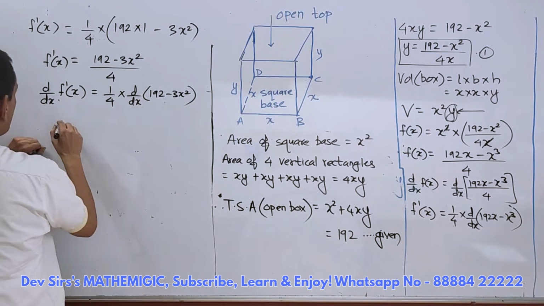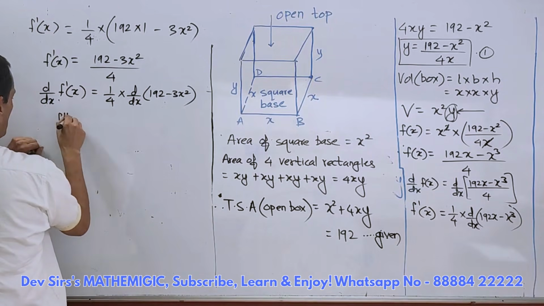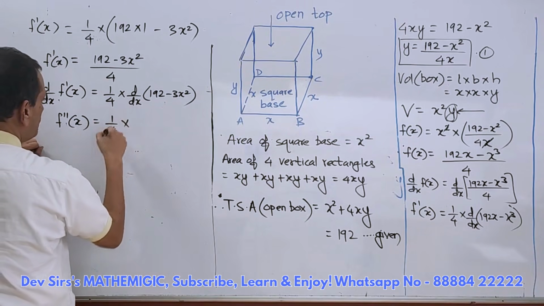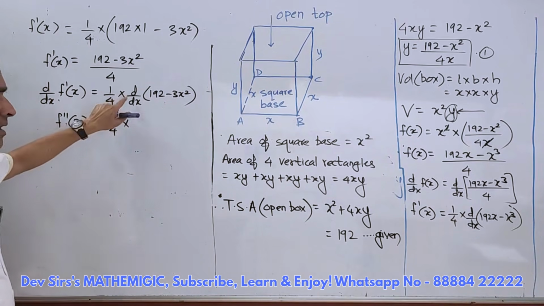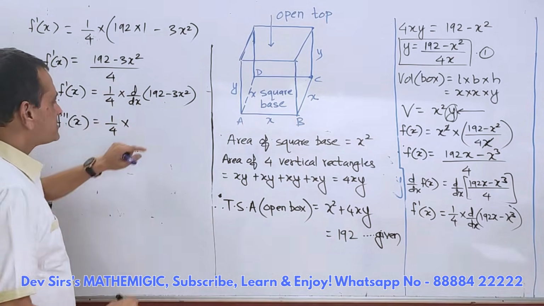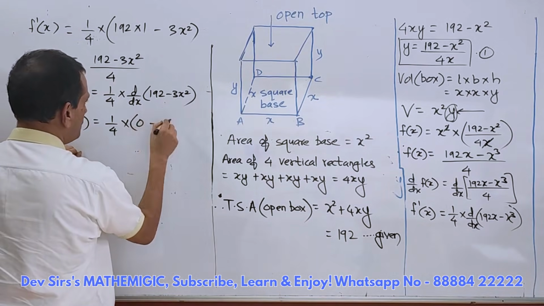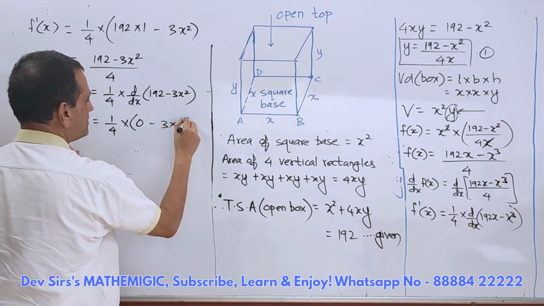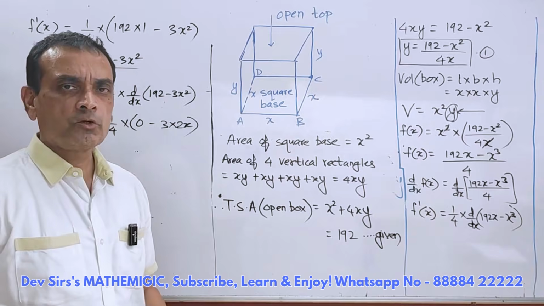So d by dx of f dash x, f double dash x. 1 by 4 into, brackets open. d by dx of 192 is 0. 3 constant बाजू को, derivative of x squared is 2x. You know this.